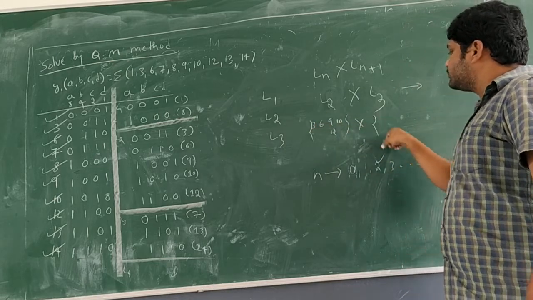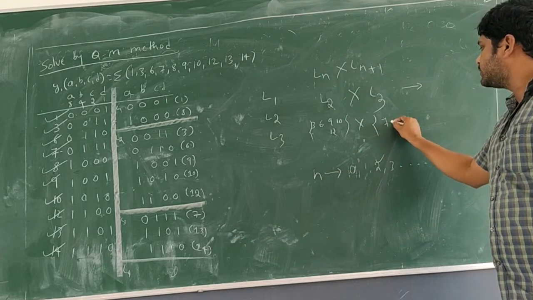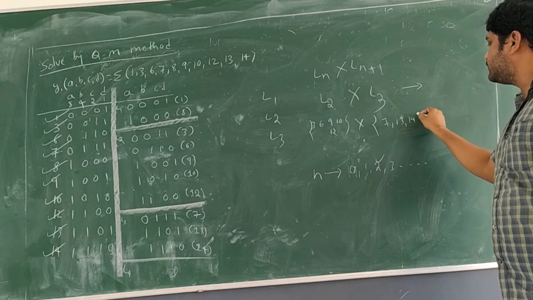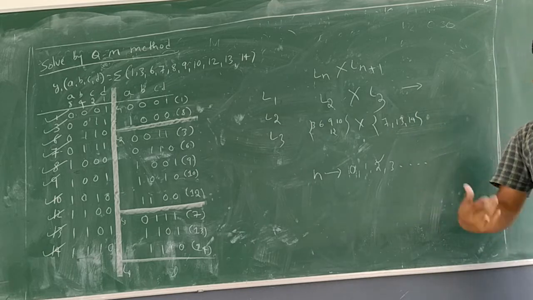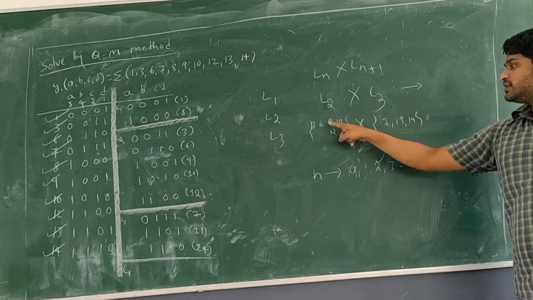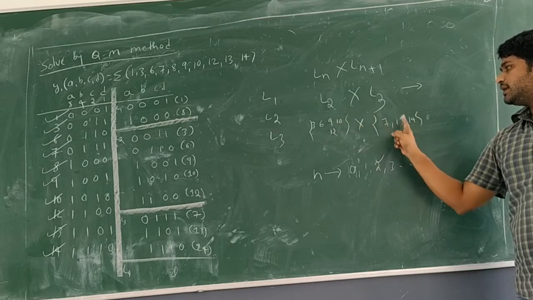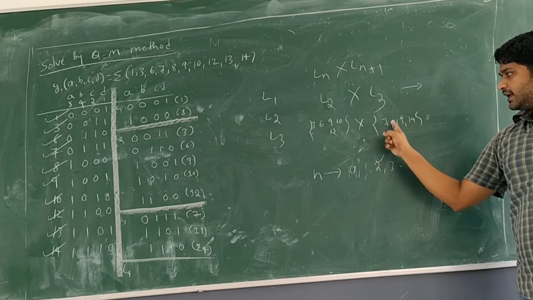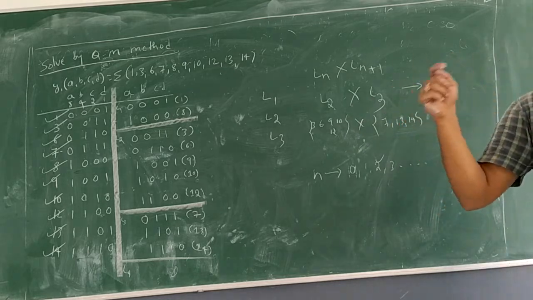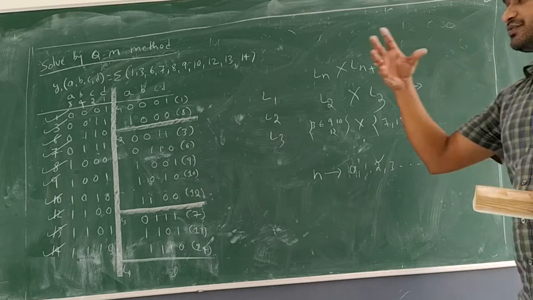This into Cartesian with L3: 7, 13, 14. See, lot of possibilities. 3, 7, 3, 13, 3, 14. 6, 7, 6, 13, 6, 14. 9, 7, 9, 13, 9, 14. 10, 7, 10, 13, 10, 14. 12, 7, 12, 13, 12, 14. So these all are possibilities we have to think.